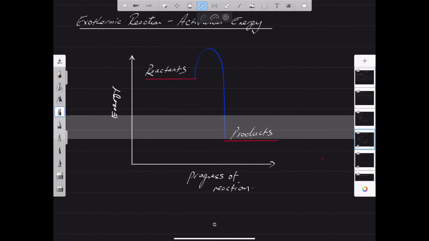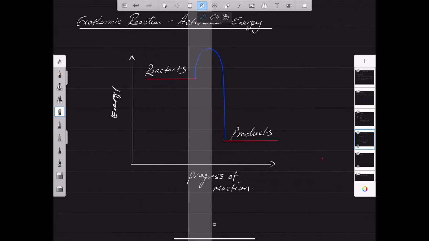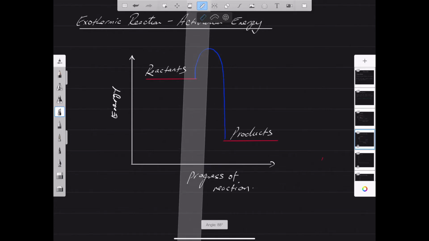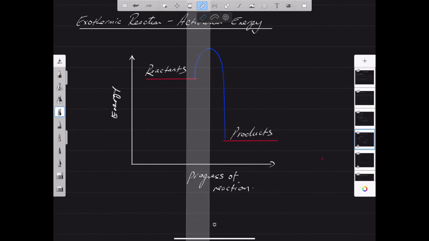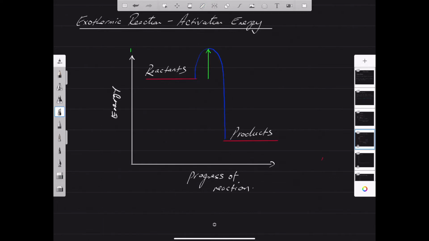So the activation energy level is found at this region here. Notice the activation energy level is from this part here. So this is the activation energy level.